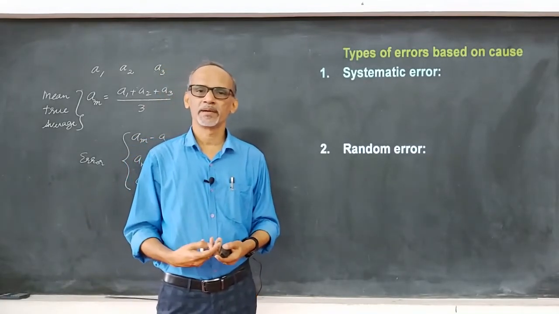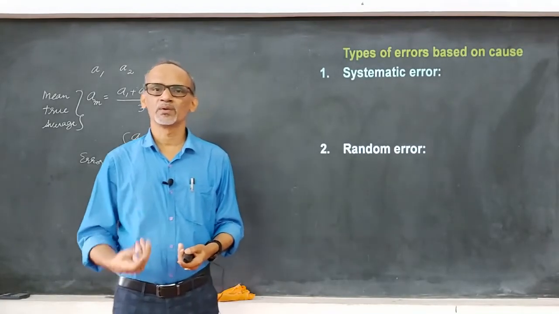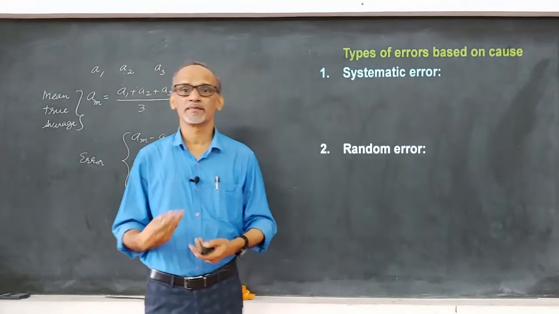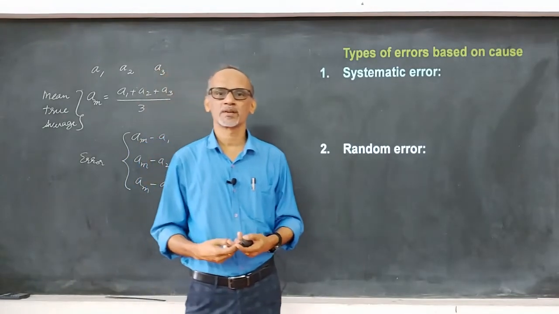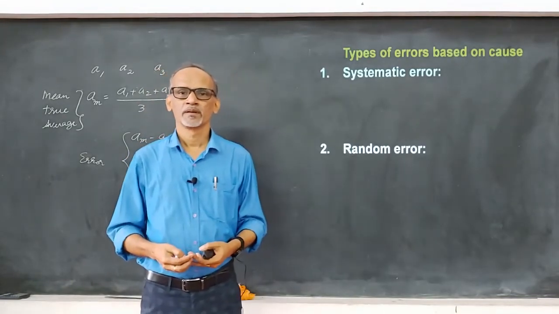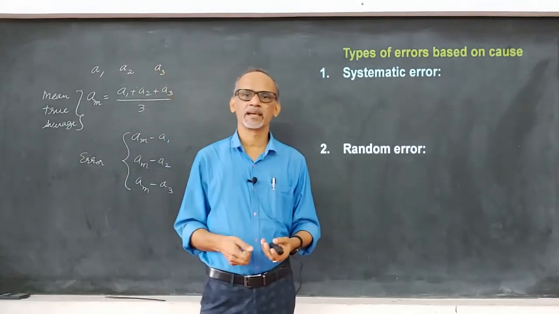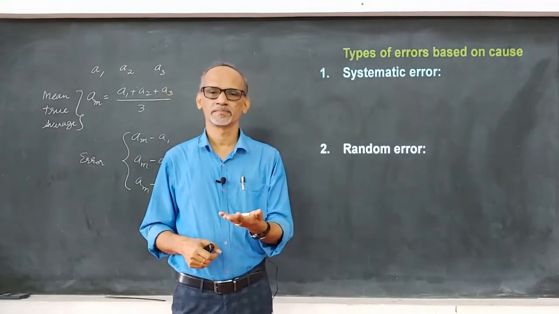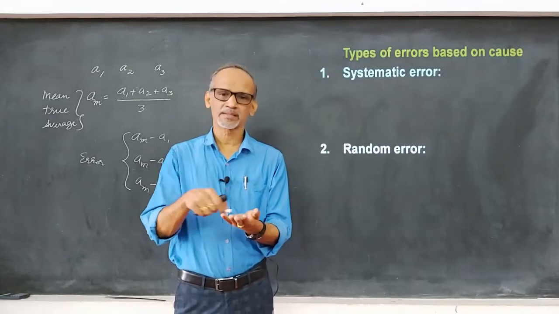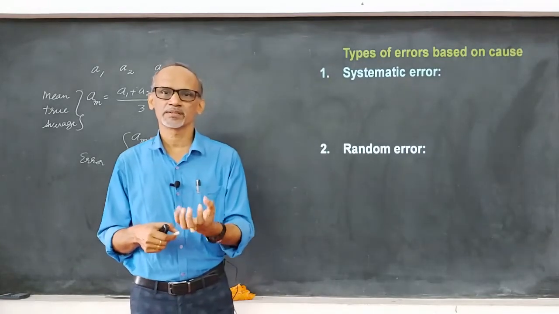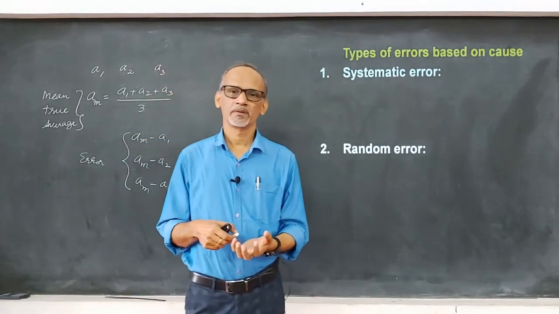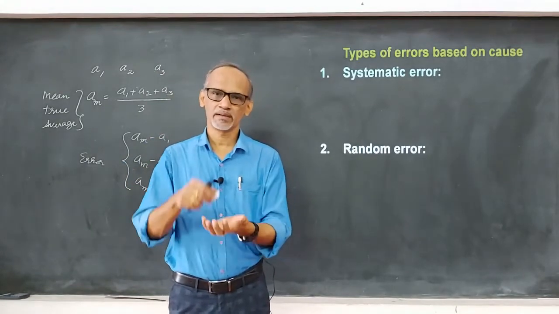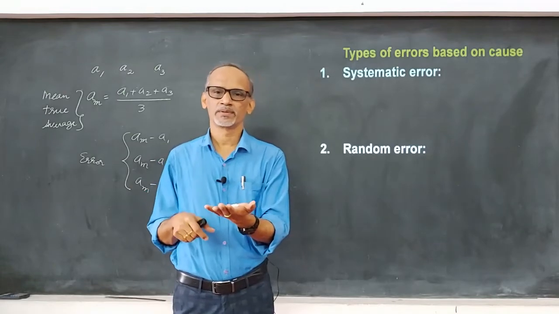And what is a random error? The error due to an unknown cause. We are not aware of the reason for the error. Such an error is called a random error. So, we use a weighing scale to measure mass or weight. For example, when measuring gold, you must have seen they use a digital balance and place the gold over it.